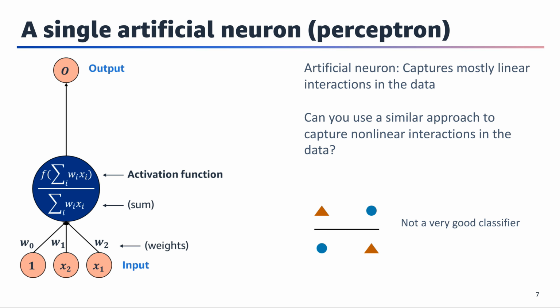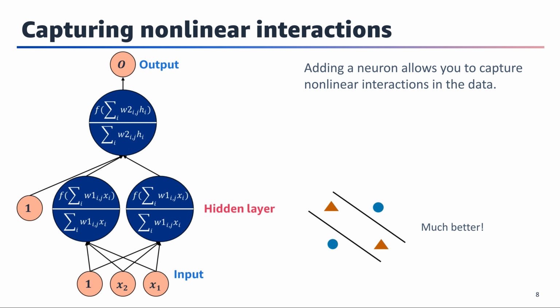The artificial neuron that is shown on the left side of the slide is only capable of separating data with a single line. Unfortunately, the XOR data points cannot be separated linearly, that is, any line that you would consider would not completely separate the blue circles from the orange triangles. Therefore, adding a neuron allows you to capture nonlinear interactions in the data.